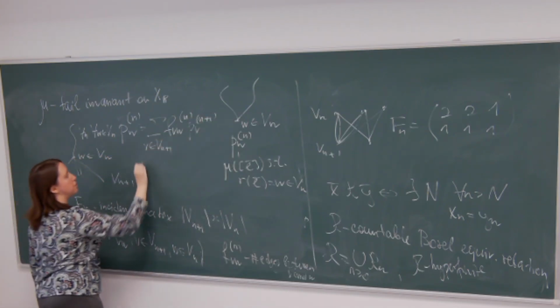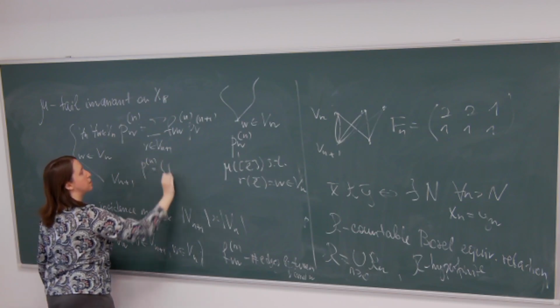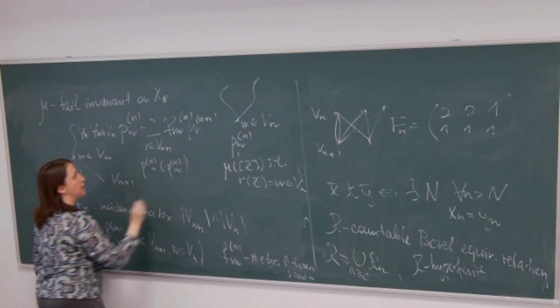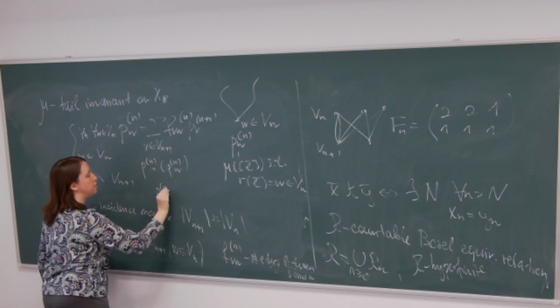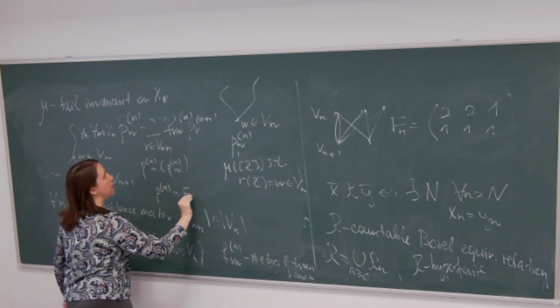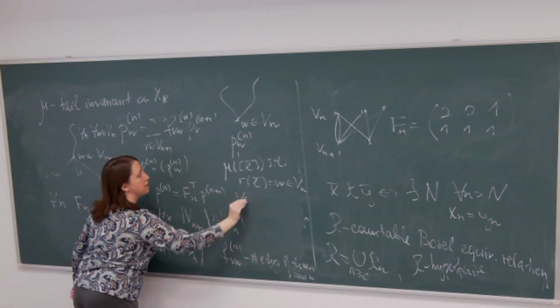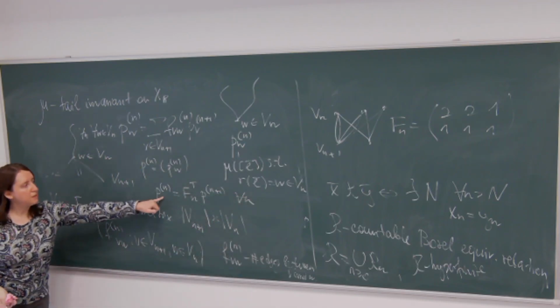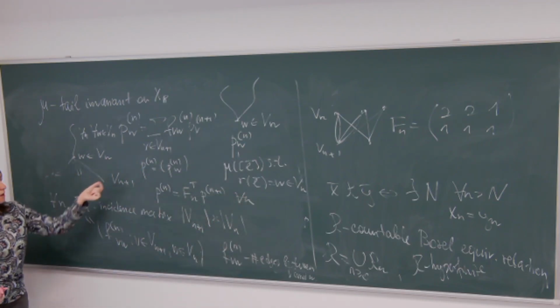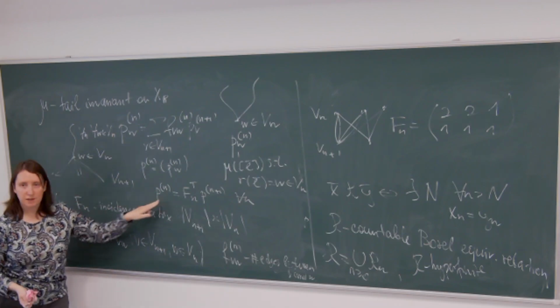So if we denote by p^n the vector with the coordinates p_w^n, we can write that p^n is equal to F_n transpose times p^{n+1} for every n, where p^n is the vector of measures of cylinder sets on level n.